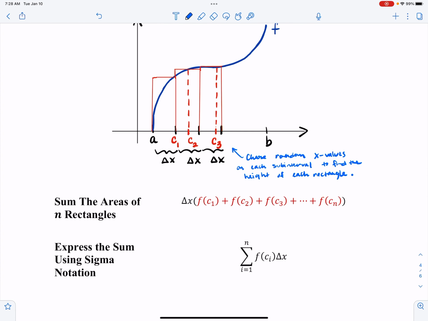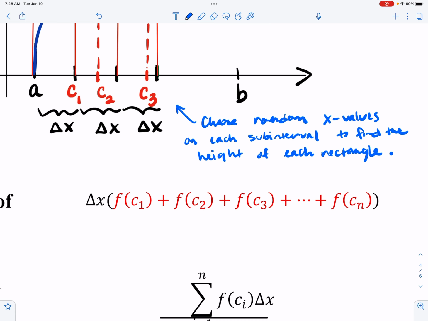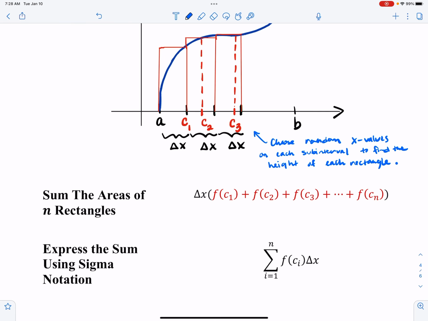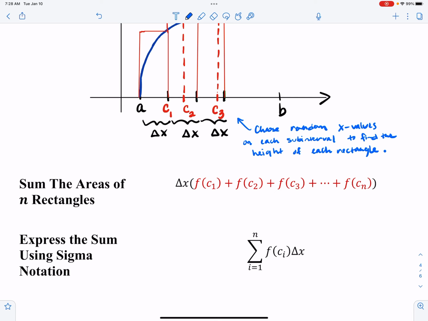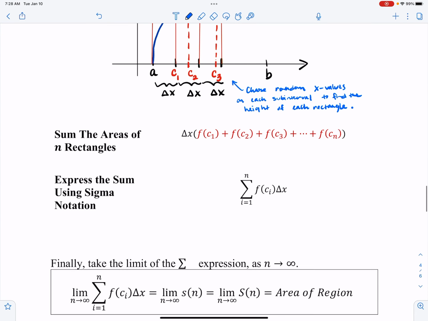So in that case, the sum of the areas of n rectangles would be delta x times the sum of each of the heights of the rectangles. And in summation notation or sigma notation, that would be represented like so.